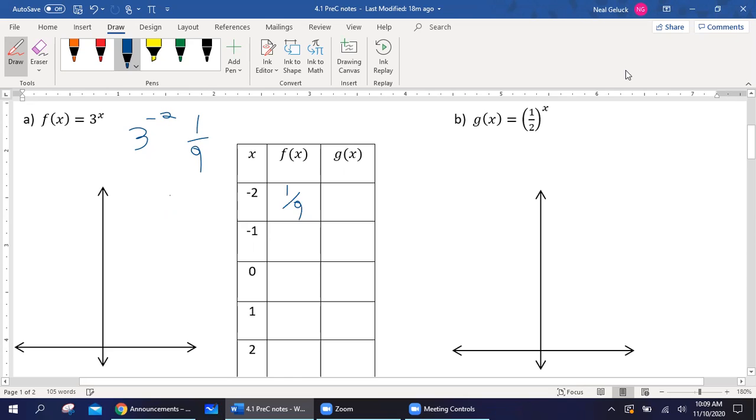We have to flip it, because again, that would be 1/3 to the second. If we put in a -1 for x, that would be 3 to the -1, and we flip it. So 1/3. If we plug in 0, 3 to the 0, well, anything to the 0 power is 1. 3 to the first, 3. 3 to the second, 9. So if I plot these, I'm going to have to scale a little bit on my y-axis here.